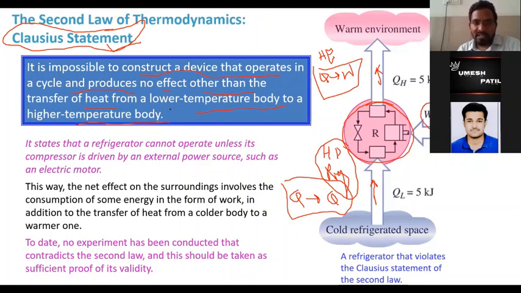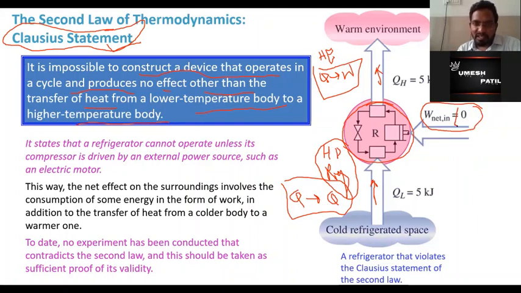But the statement says that if we eliminate this work, the device will transfer heat from a low temperature body to a high temperature body without consumption of any external work, and we know that that is not possible, right? Whenever you are transferring heat from a low temperature body to a high temperature body, we need to take help of some external work, and that is nothing but the Clausius statement.